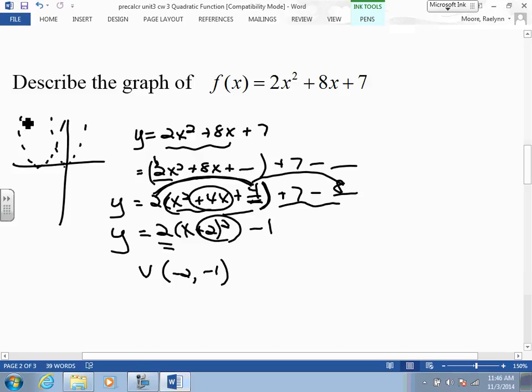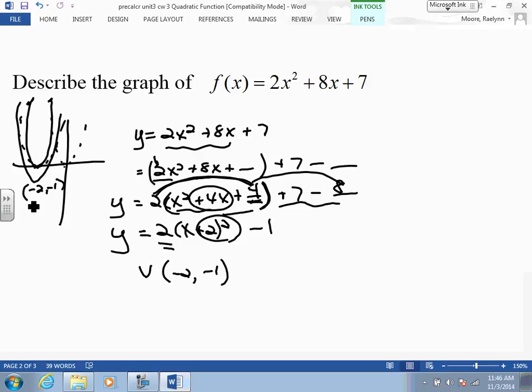I would do a stretch, which makes this a little narrower, right? Stretch it up. And then where? Down 1. There's my vertex, -2, -1. There's my stretch. That's where my 2 came in as my stretch. See it? We could never graph that from this equation. Could you? I could never.